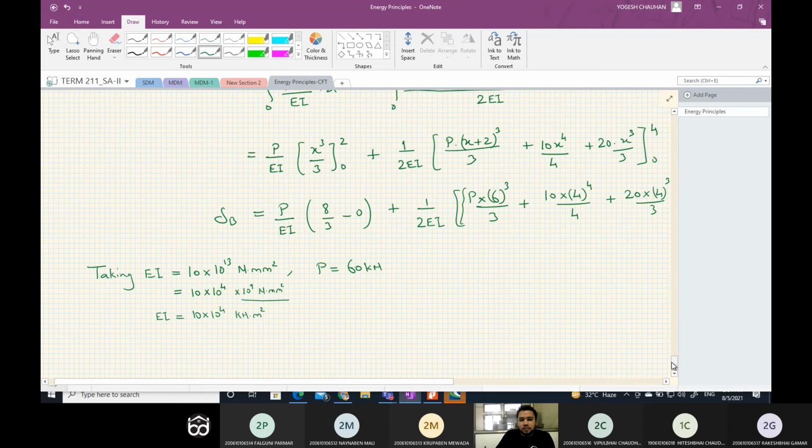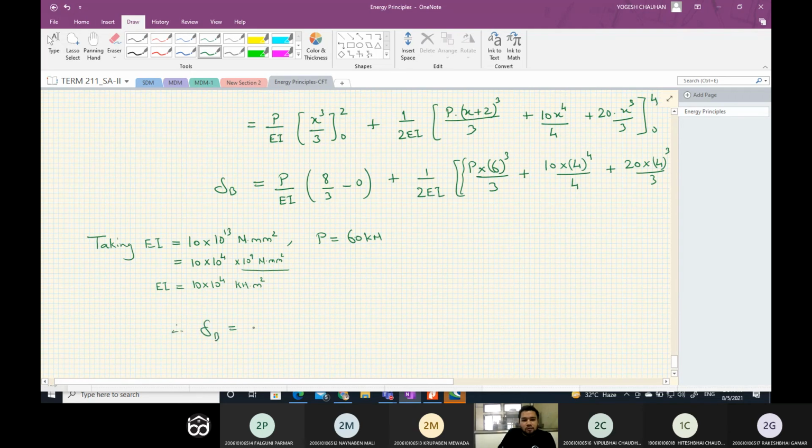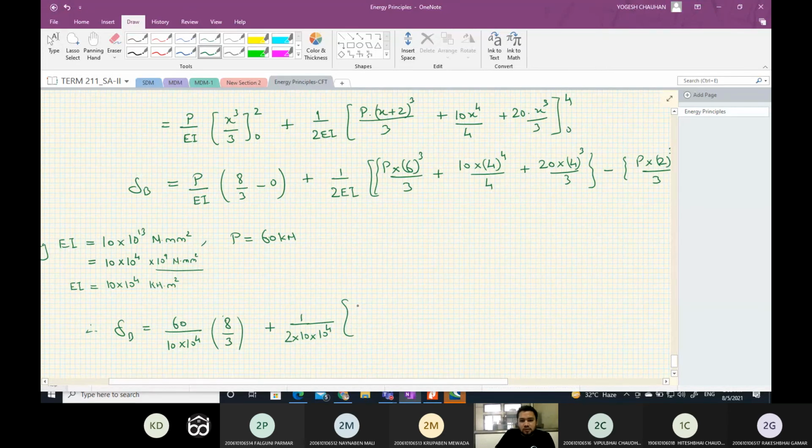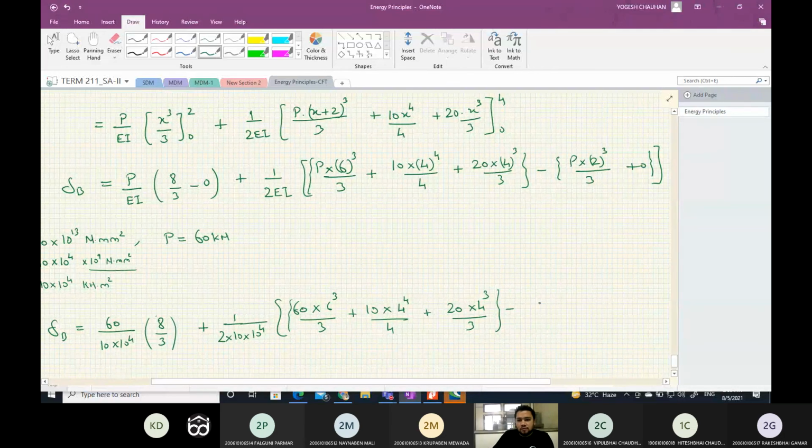Let us substitute this in delta B. Therefore delta B equals 60 by 10 into 10 to the power 4, into 8 by 3, plus 1 upon 2 into 10 into 10 to the power 4, into 60 into 6 cube by 3, plus 10 into 4 raised to the power 4 by 4, plus 20 into 4 cube by 3, minus P, which is 60, into 2 cube by 3.